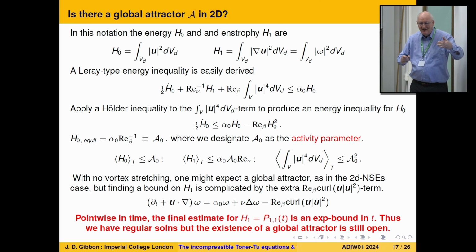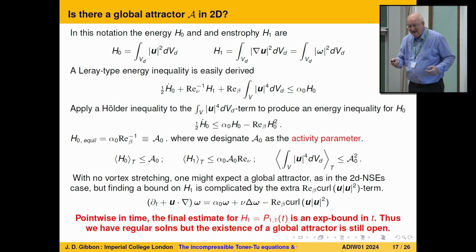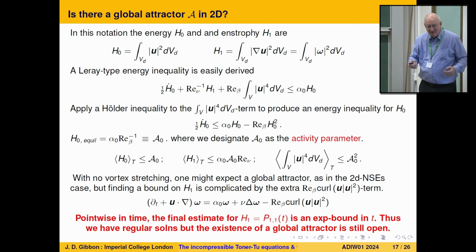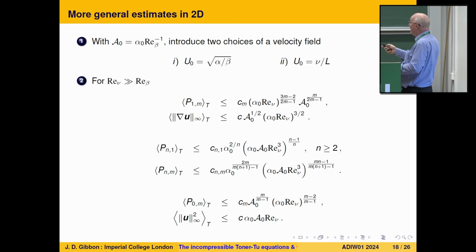But it doesn't have a fixed maximum because the bound is growing exponentially. So I'm not saying it doesn't have a global attractor, but its existence is still open, but solutions are regular. Right, so move on.